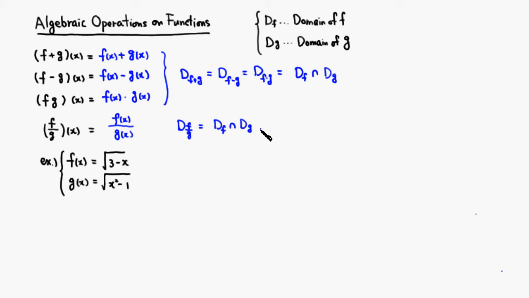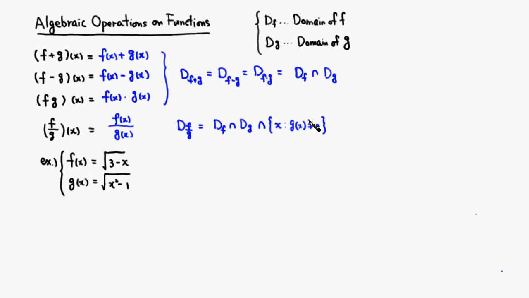So in this notation, it's all the x values such that g of x, which is the denominator, is not equal to 0. There's one extra condition involved there.